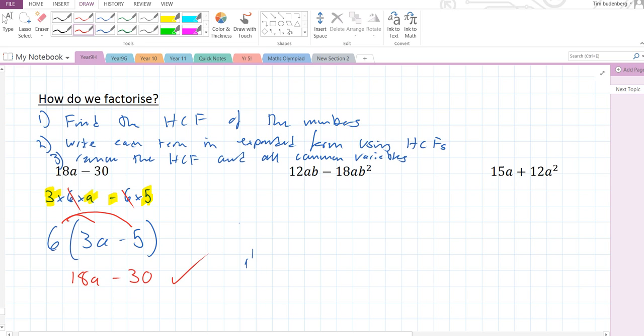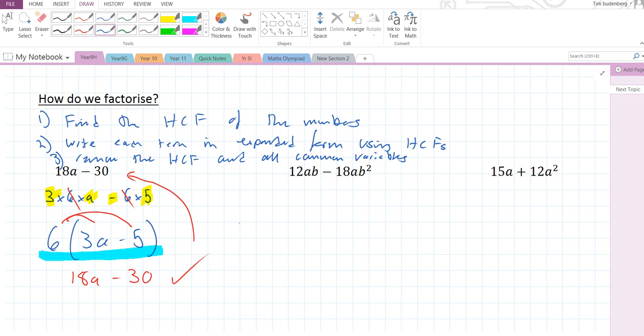We get back to where we started, which is here. That means we've factorised successfully, so our answer would be this line here. We've taken out the highest common factor from both terms.